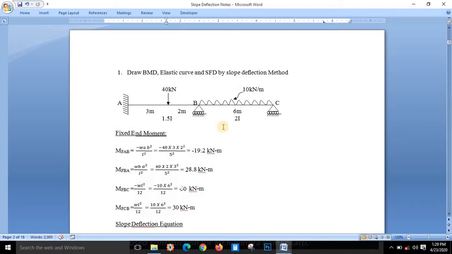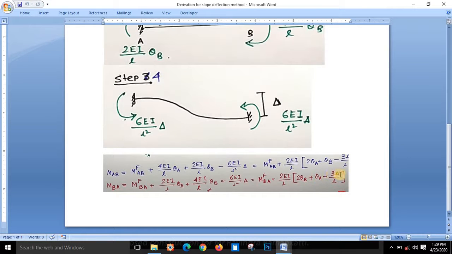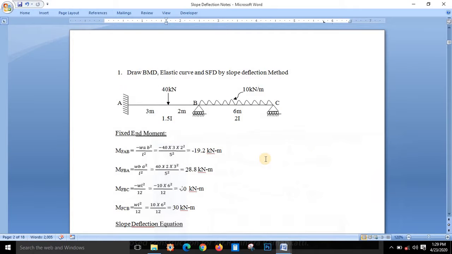If a continuous beam has sinking of any of its supports, we need to consider only one additional term, that is minus 3 delta divided by L. Apart from that, everything else is the same. We can easily go through it and solve it. So I will stop here. We'll move further later.